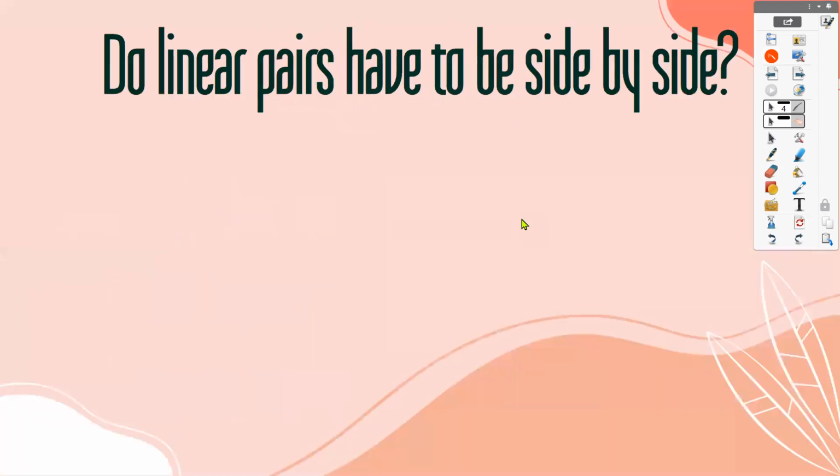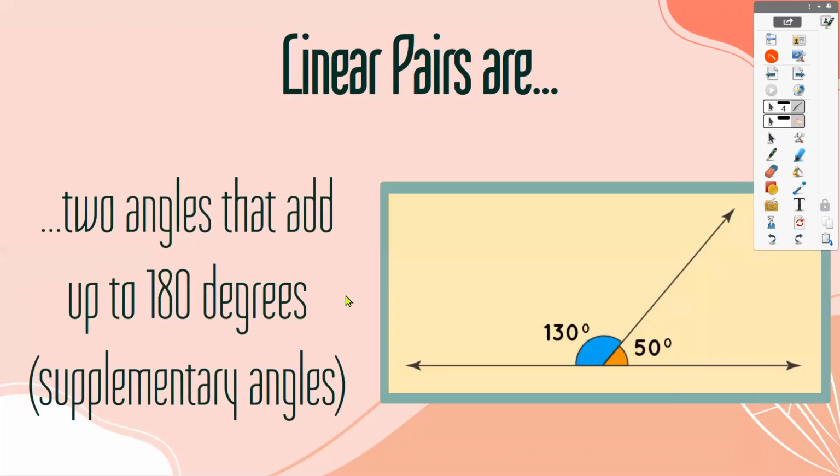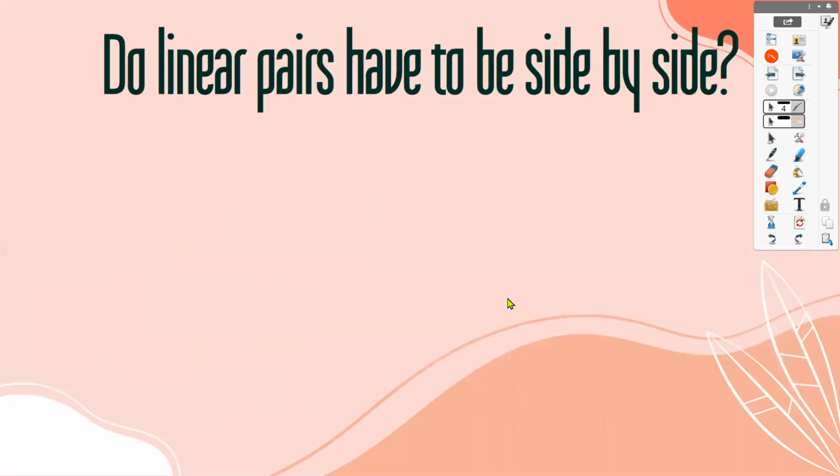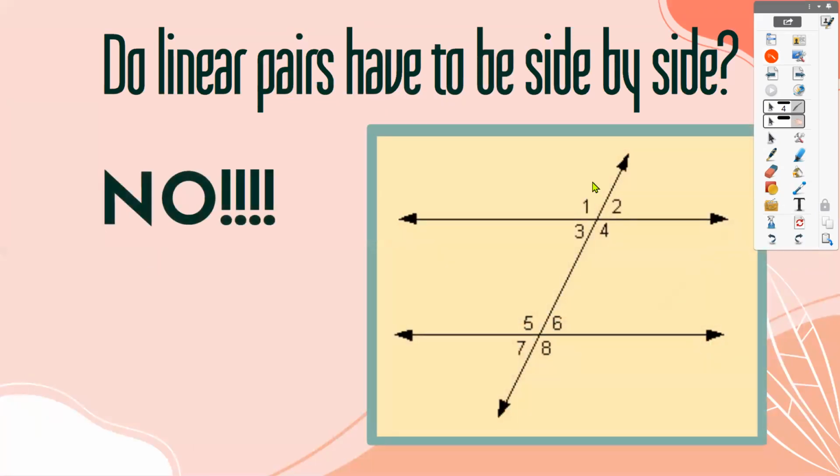And then I asked the question, do linear pairs have to be side by side? So if I go back here, do they have to be beside each other like 130 and 50 are? The answer is no. So if I looked up here, we could see, for example, a linear pair would be 1 and 2. Well, we have to look now at corresponding sides.